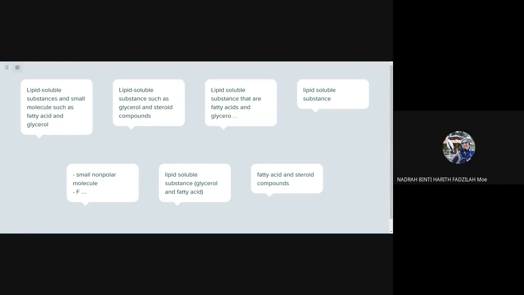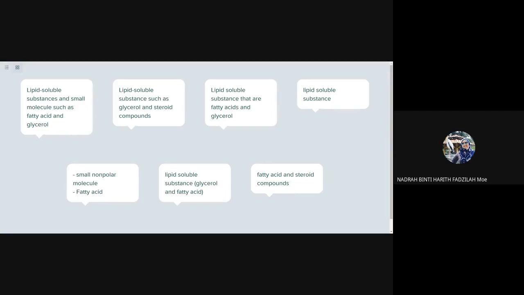Okay, ada seorang dia bagi karakteristik yang lain. She offers a different perspective. She said that small non-polar molecule. Good. Small non-polar molecule. But since you are providing the characteristic of small non-polar molecules, can you give example under the category small non-polar molecule? Fatty acid example yang kamu bagi tu ada untuk lipid soluble.